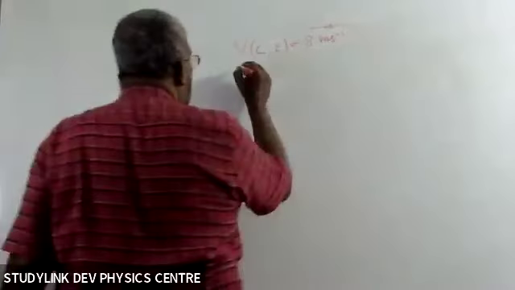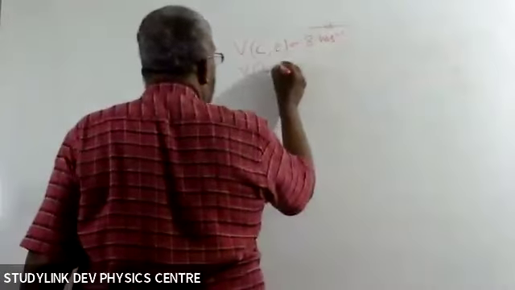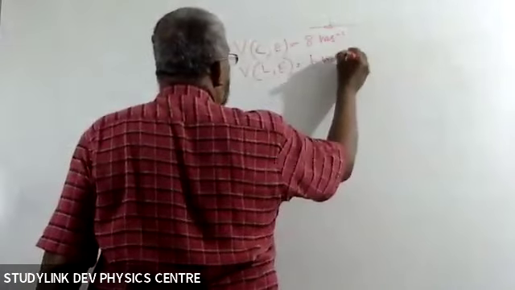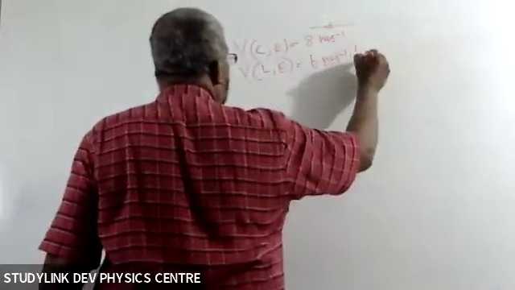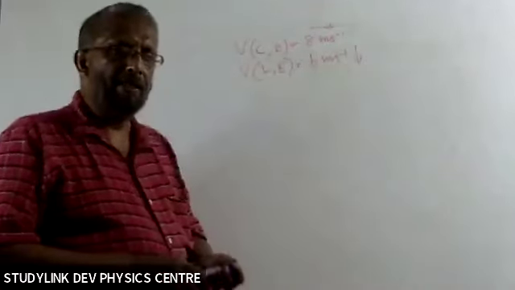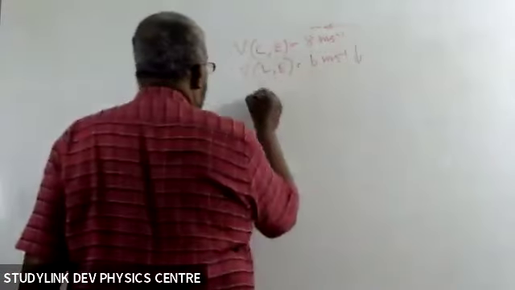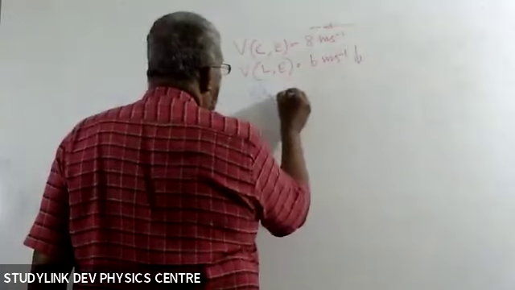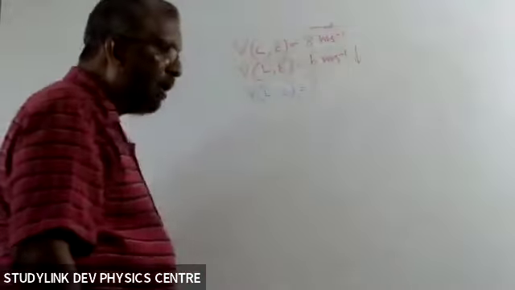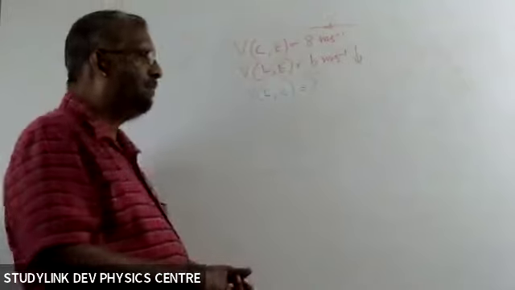A lorry is moving towards south with a velocity of 6 ms minus 1. Find the velocity of the lorry relative to the car, and also find the velocity of the car relative to the lorry.